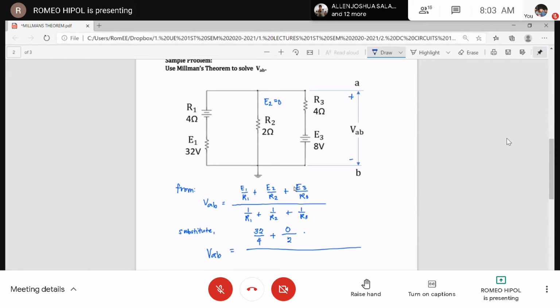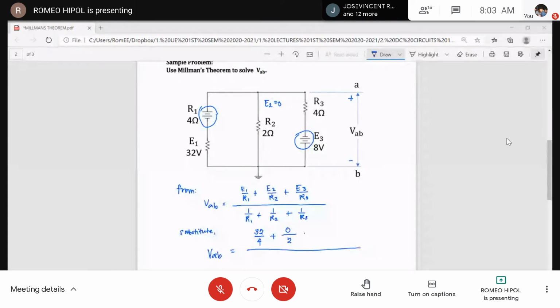Then, kung mapapansin nyo, yung ating supply is in opposite direction. Compare nyo dun sa battery, wait lang, may kamali ako. Wait lang, edit lang.